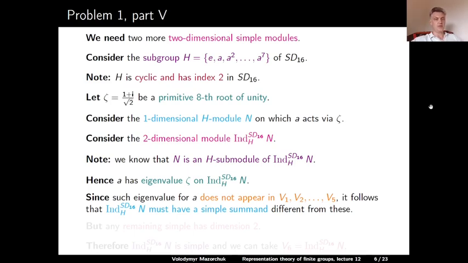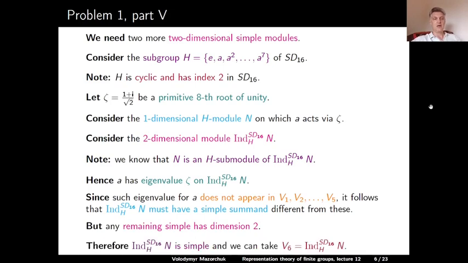In particular, it follows that the induced module must have a simple summand which is different from V1, V2, V3, V4, and V5. But we know that any remaining simple summand has dimension 2. And since the induced module has dimension 2, we deduce that it is simple, and so we can take as V6 this induced module.